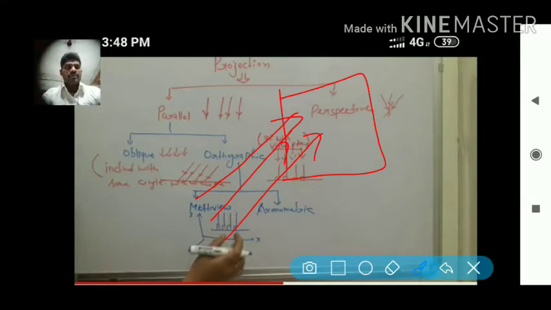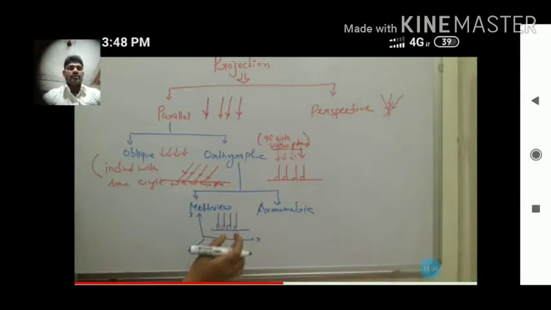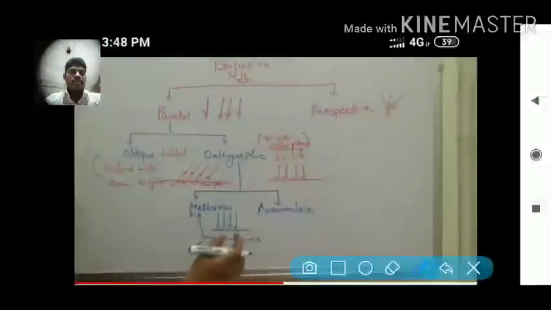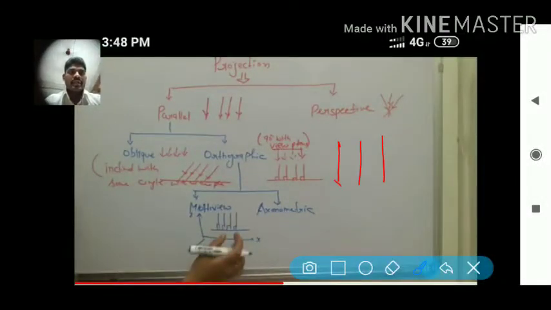And now we come to the orthographic. In orthographic, look at here, the lines are perpendicular, 90 degrees, perpendicular towards the plane, and it maintains the 90 degrees.